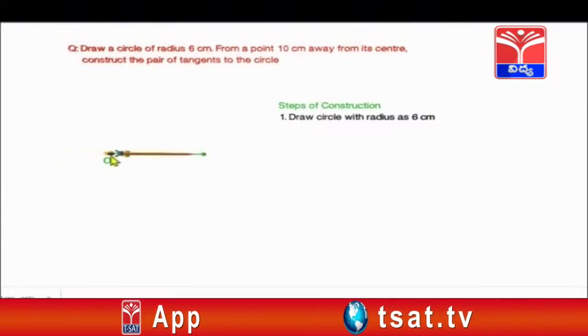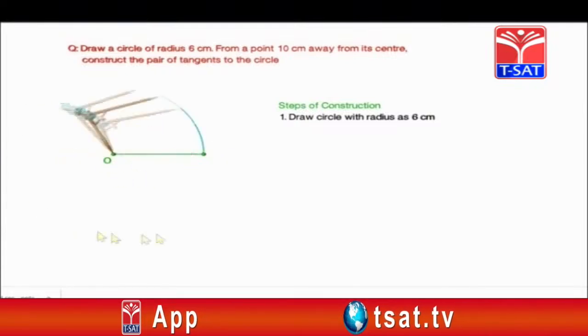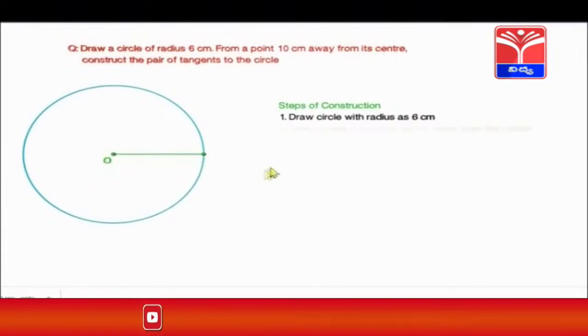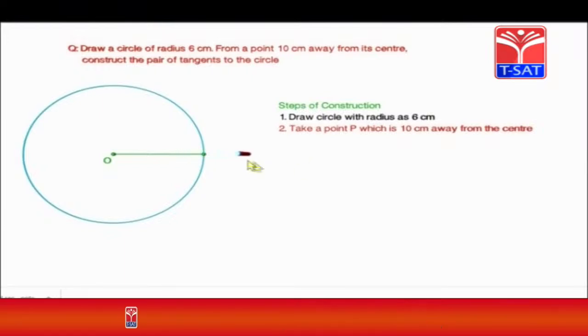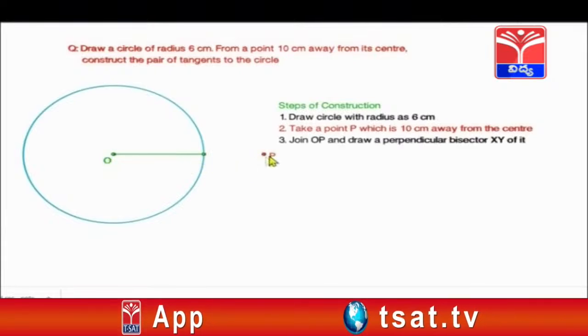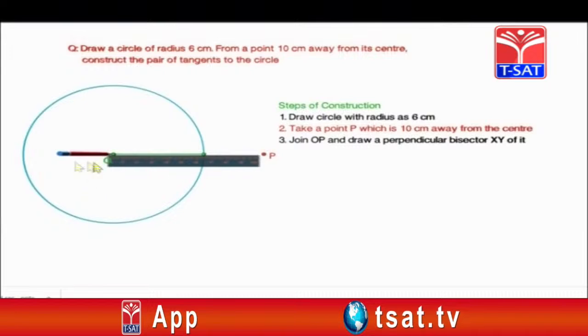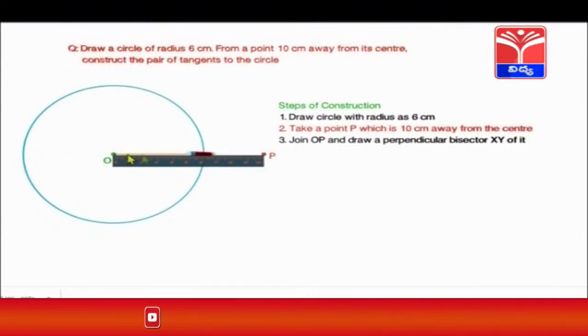Now with O as center, drawing a circle of radius 6 centimeters. Now take a point P which is 10 centimeters away from the center. So this is the point P which is 10 centimeters away from the center. Total should be 10 centimeters. Now join OP. So OP is 10 centimeters.